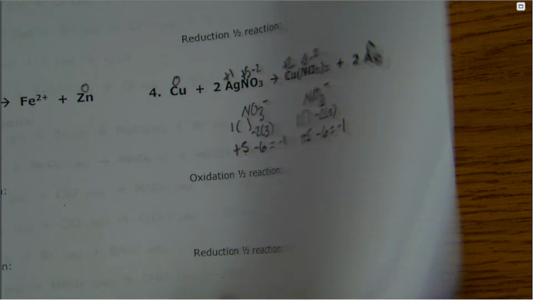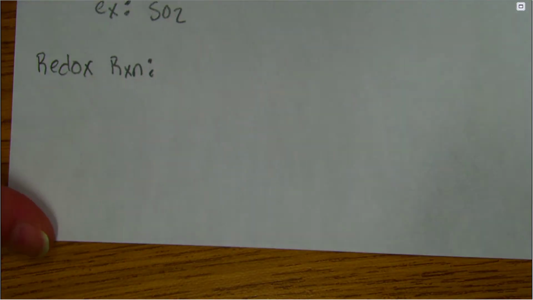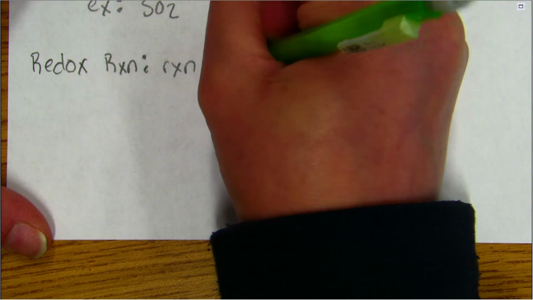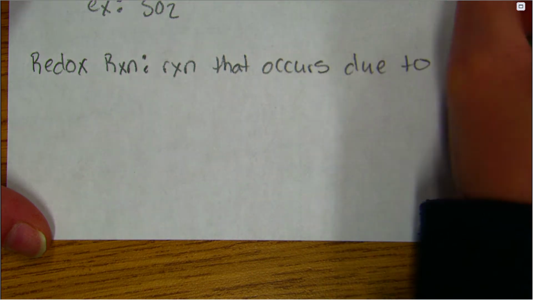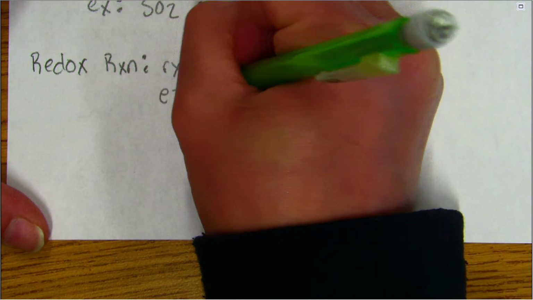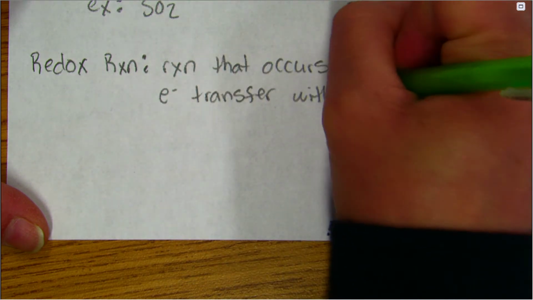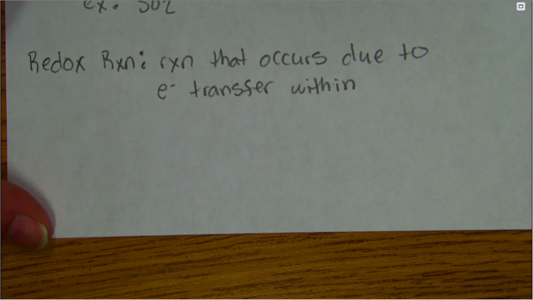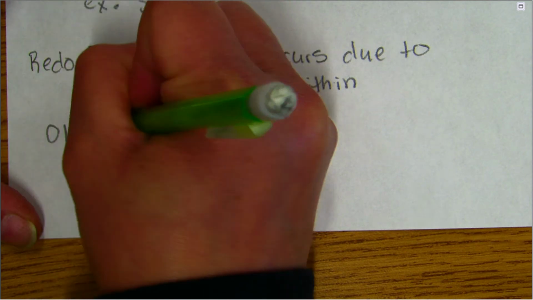And now why is this important? This is going to be super important because of what we call a redox reaction. A redox reaction is one that occurs because of an electron transfer. We have OIL RIG.